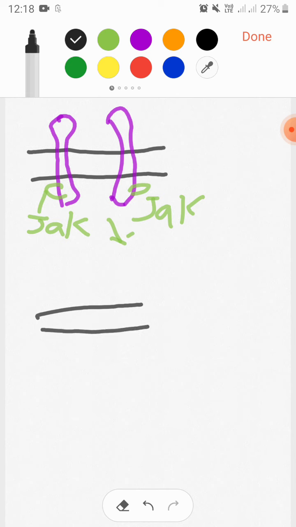Of the cytokine, let me draw the picture first. Binding of cytokine, for example, this is the cytokine. Binding of cytokine to the receptor.